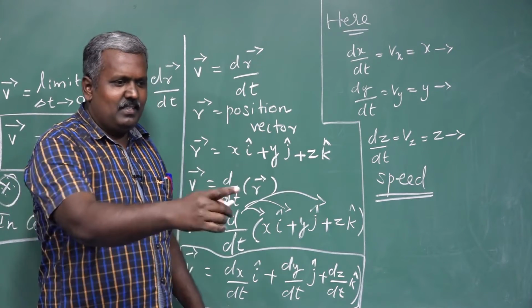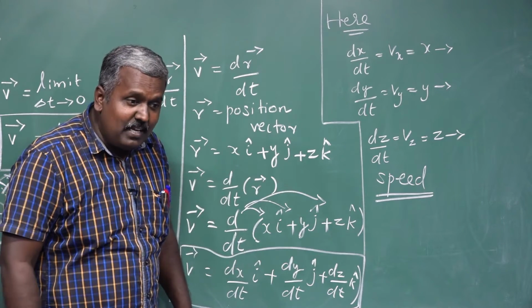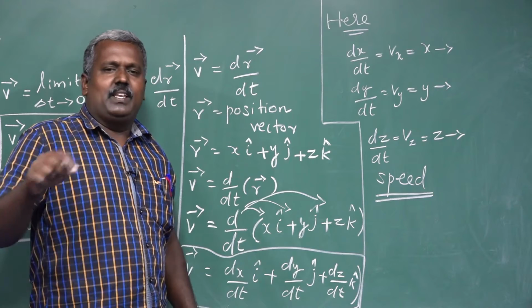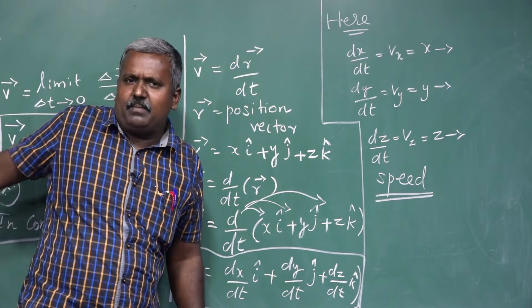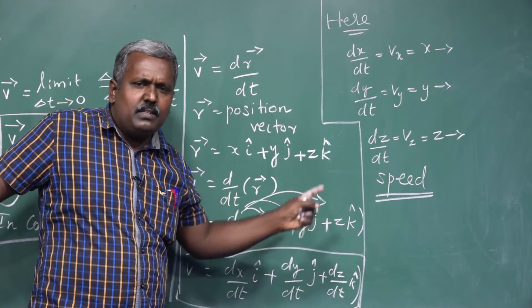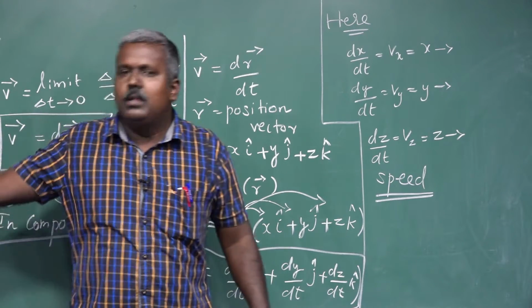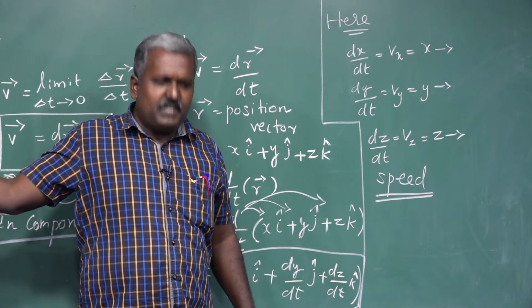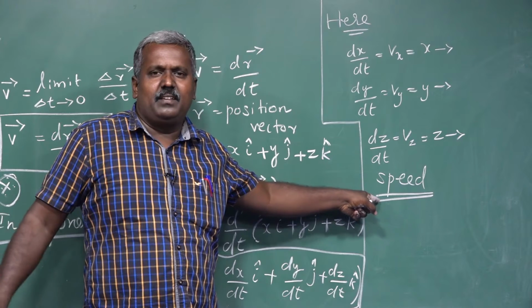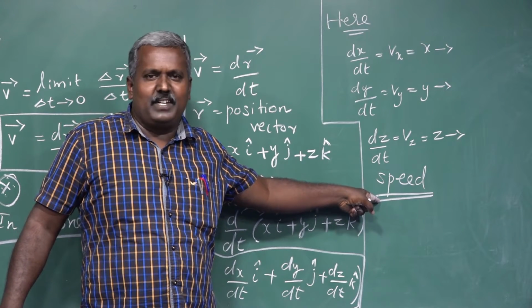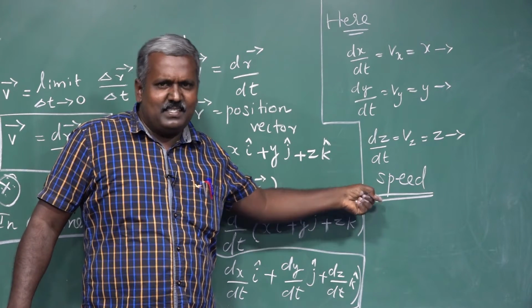Distance by time. Velocity is equal to displacement by time. Speed is equal to distance by time. What is the difference between them? Velocity is a vector quantity, speed is a scalar quantity. Displacement, vector quantity. Distance, scalar.